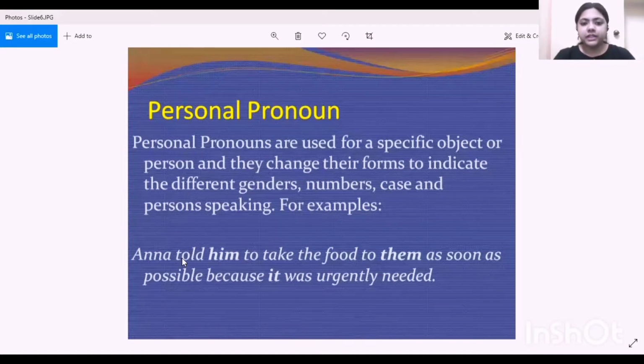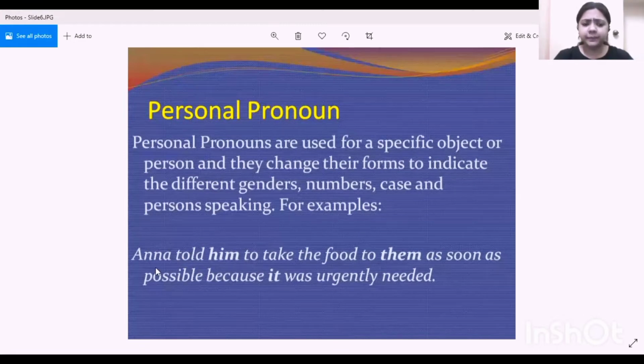Then second person is when I talk about you. Two people are talking, and the first person is talking to the other person. That means he's talking to the second person. But when two people are talking and they are talking about some other person, that means they are talking about the third person. So they, he, she, all these are third person.